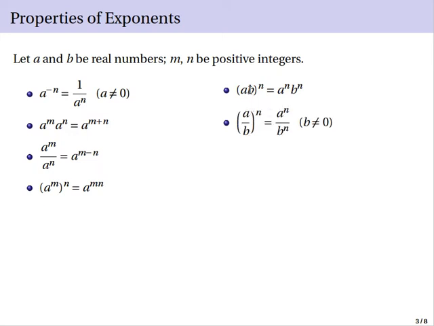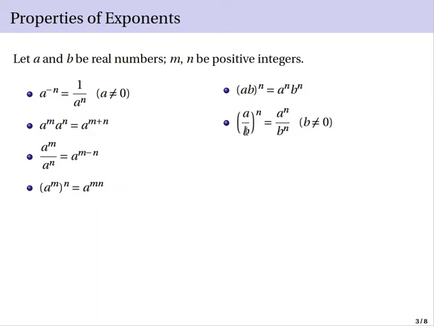Next property, of course, we have multiplication. We also have division of real numbers and then raising it to some power n. So here we have a divided by b, and then you raise a divided by b to the power n. Okay, so you can distribute the n to each of the numbers here.